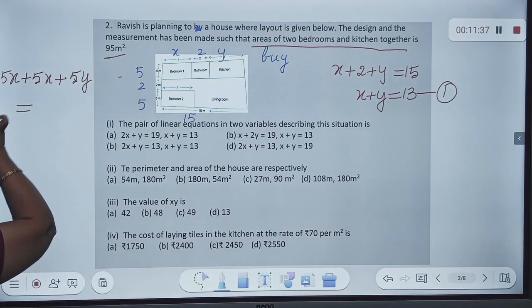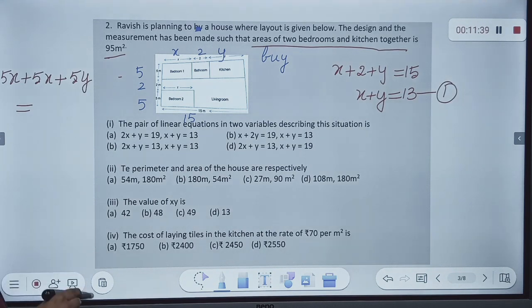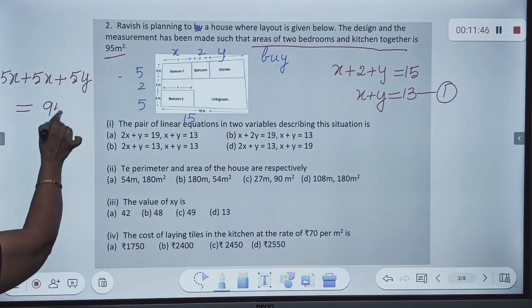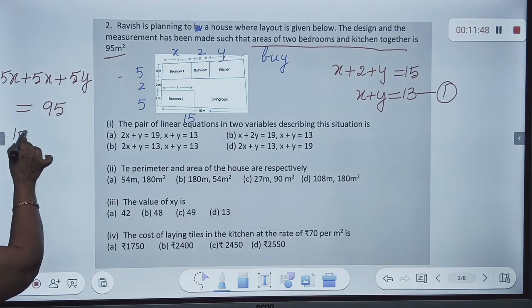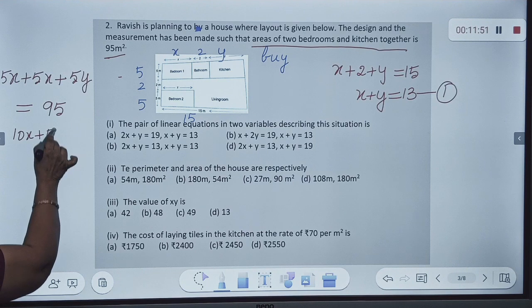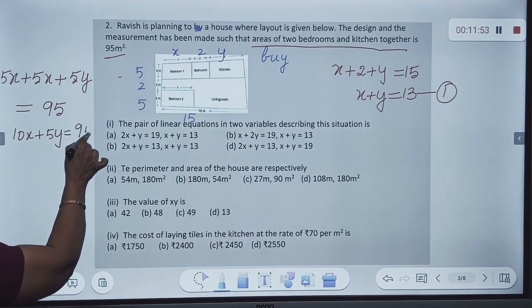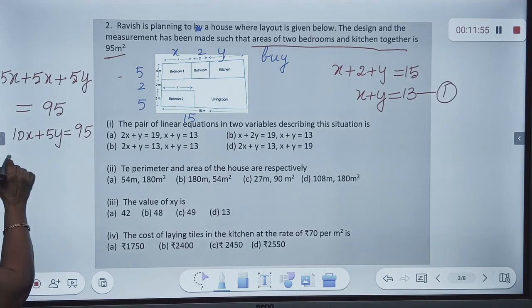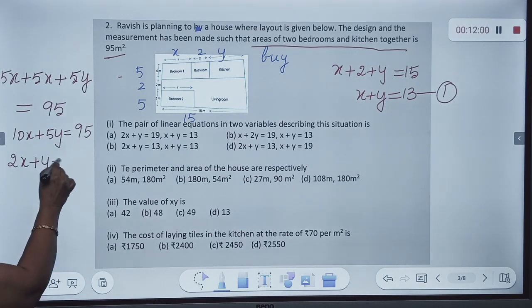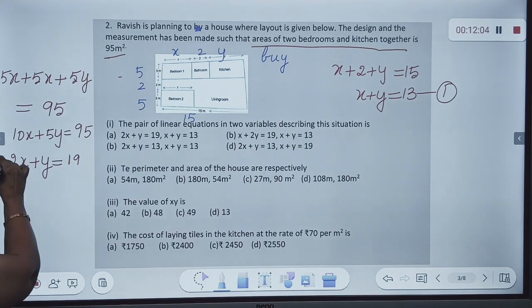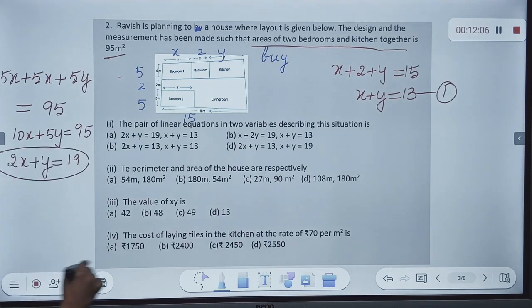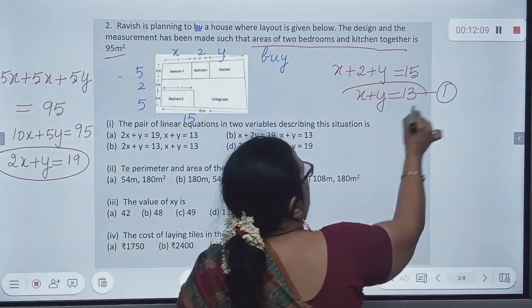This is the total area of the 2 bedrooms and the kitchen, and that is given to be 95. So 10x plus 5y equal to 95. Simplifying by dividing by 5, 2x plus y equal to 19.